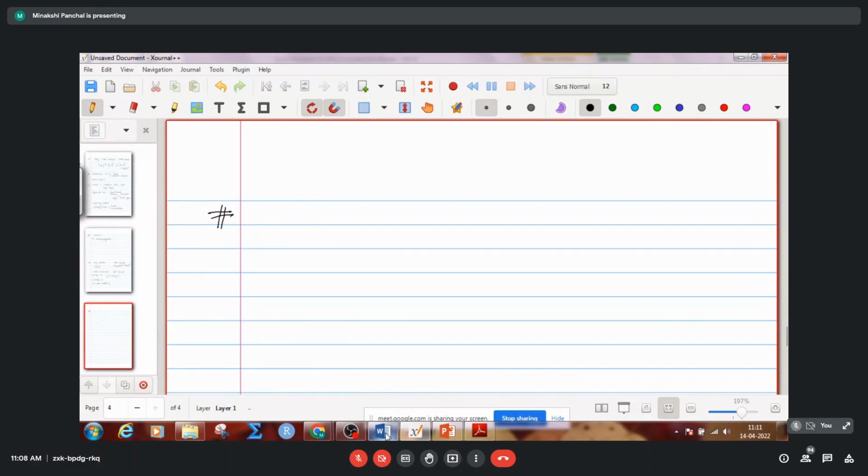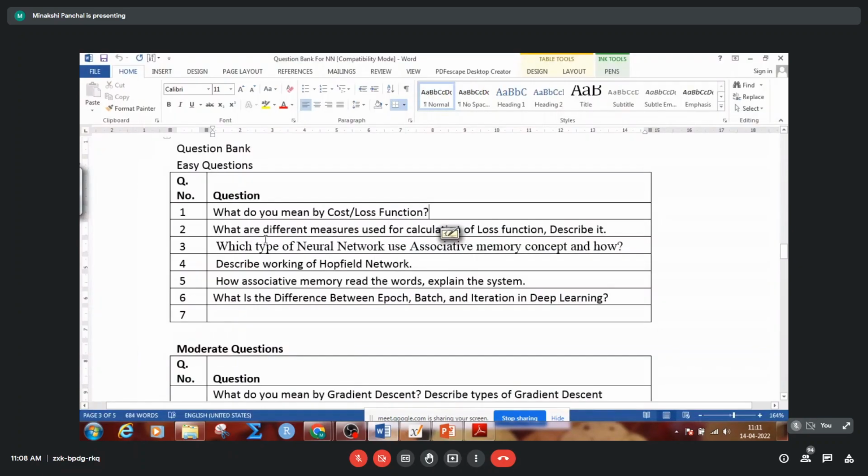So what answer is expected here? Which type of neural network? So the recurrent neural network uses associative memory. So what is the concept of this? तो associative memory concept, it is expected to describe कि क्या होता है associative memory concept. So that answer you should describe here. ठीक है? I will repeat कि recurrent neural network uses the associative memory.